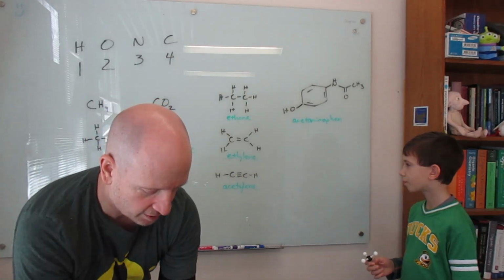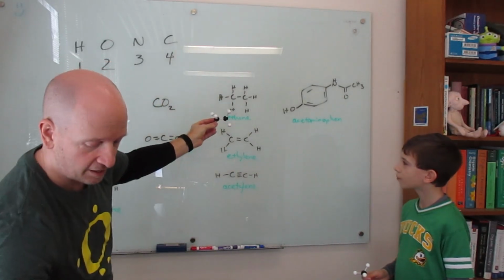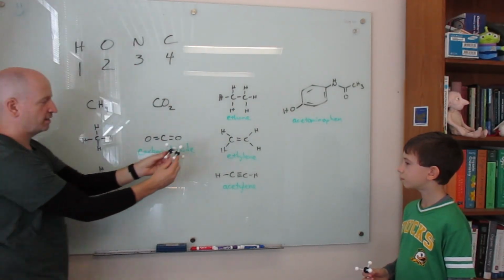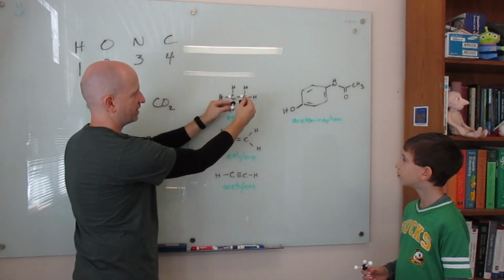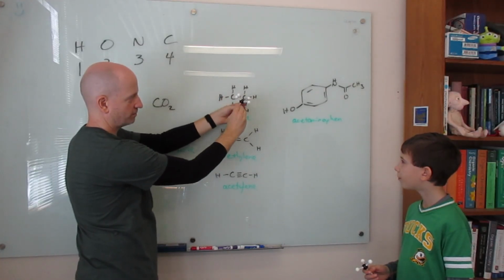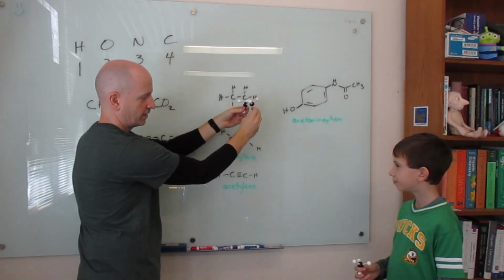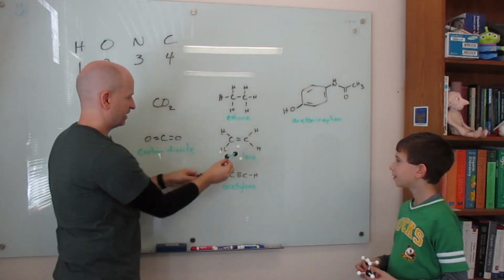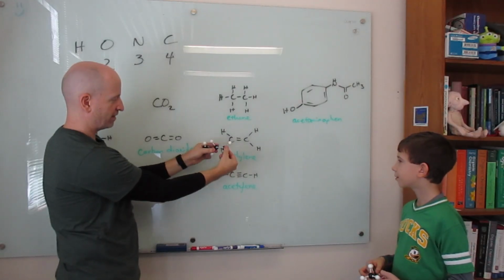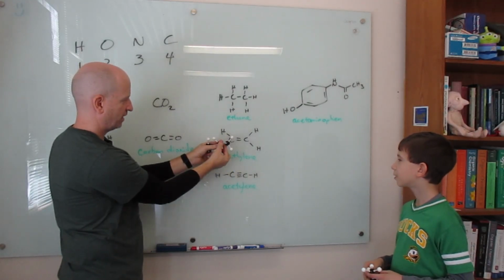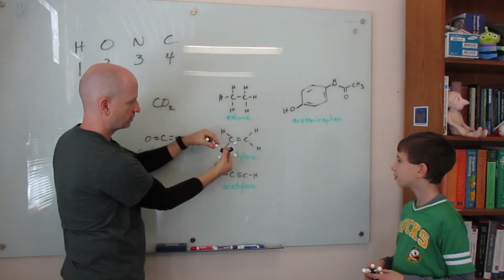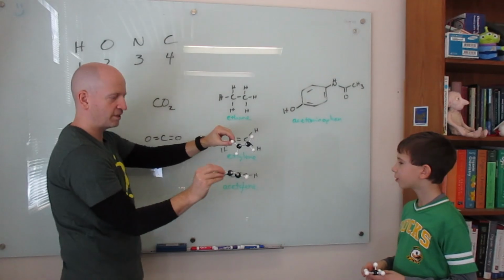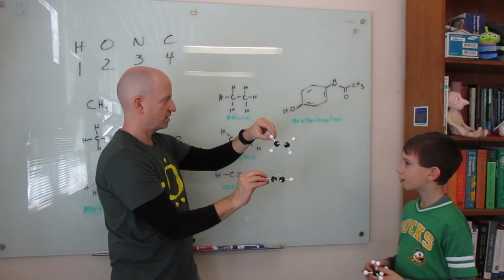Now the shape of these, if you look at ethane, both of those carbons are tetrahedral, just like methane. And you have this single bond that can actually rotate between them. For ethylene and acetylene, they don't have that rotational ability. Ethylene is actually planar, and acetylene is linear. And so these are the models for ethylene and acetylene.